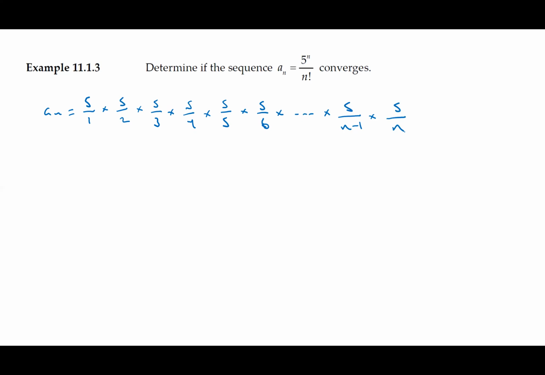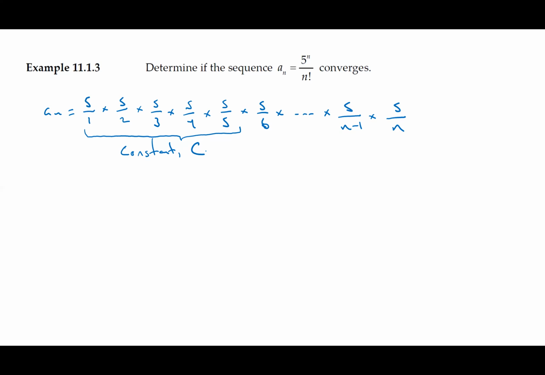Now, you may be thinking, so what? Well, I'll tell you what. These terms here, that's just a constant, right? I'll call it C. You're welcome to figure out what that constant is: 5 to the 5th over 5 factorial. But all I care about is that it's a constant.